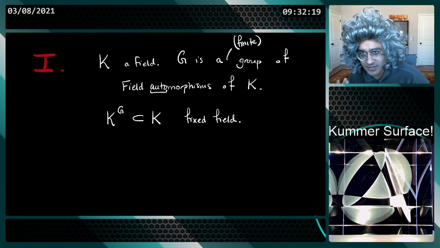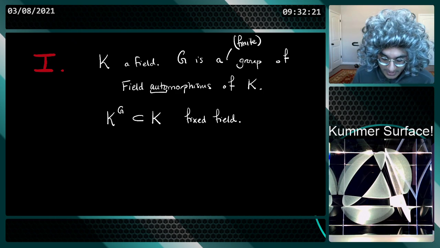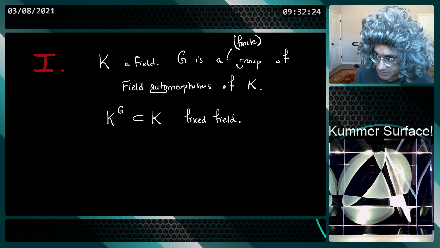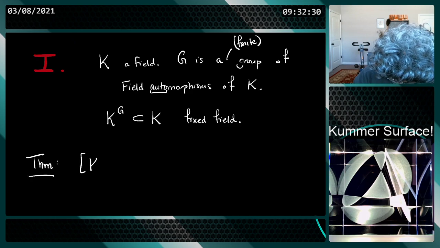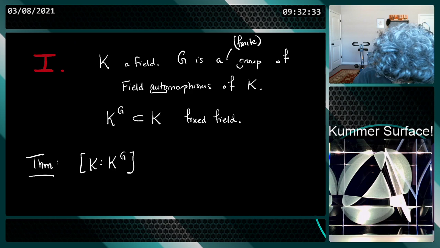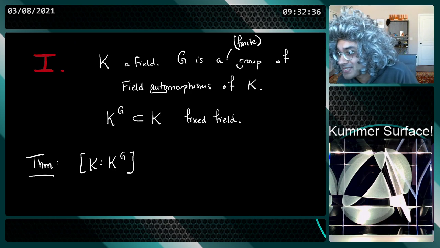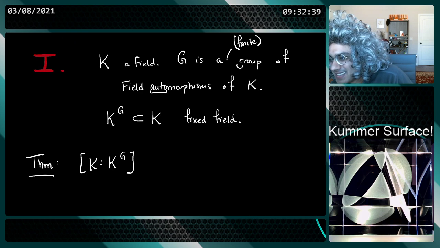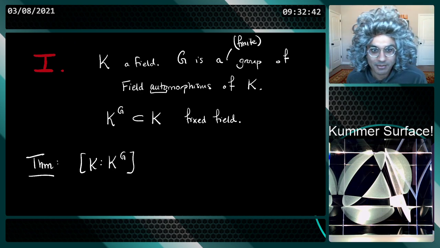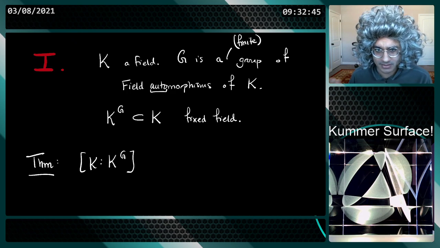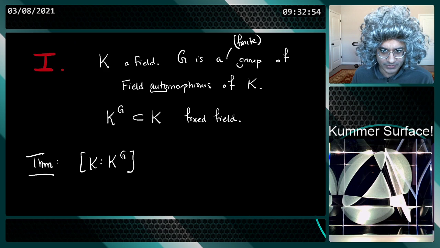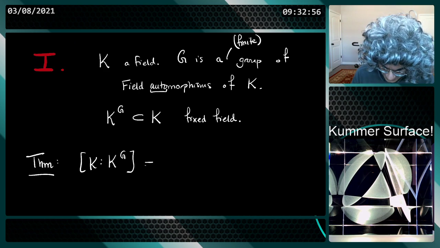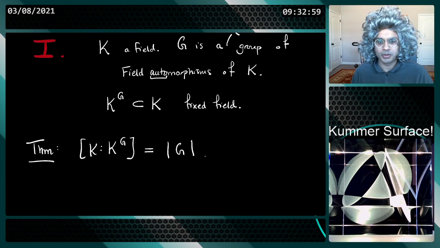The question that we want to investigate in this chapter is how big is that field relative to the original big field? So the theorem is that the index is finite. It doesn't have to be the full Galois group in your mind or anything. It is just a finite group of automorphisms. So the theorem is that this extension has degree the size of the group.